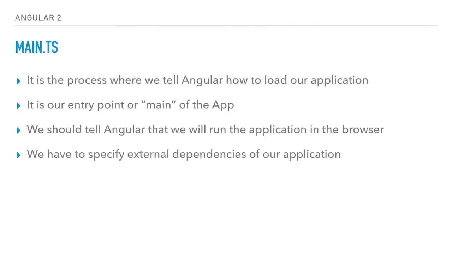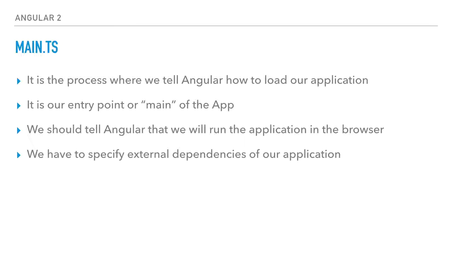Once we specify the tsconfig, the next step should be to create a main.ts, and this is where we will tell Angular how it should load our application. We can think about it as an entry point of our Angular app, or the typical main from other languages. So we should specify in this configuration file that we are going to run Angular in the browser.